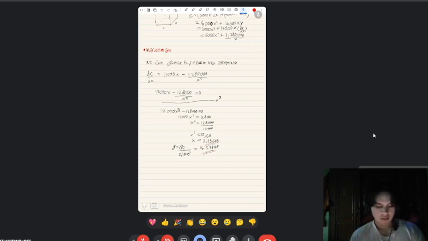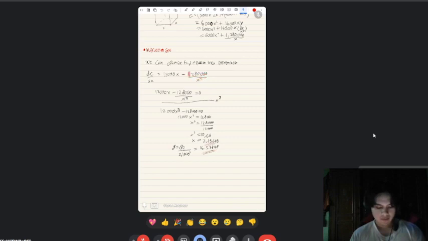If we differentiate that, we'll get x^-2, and we can change x^-2 to per x squared.